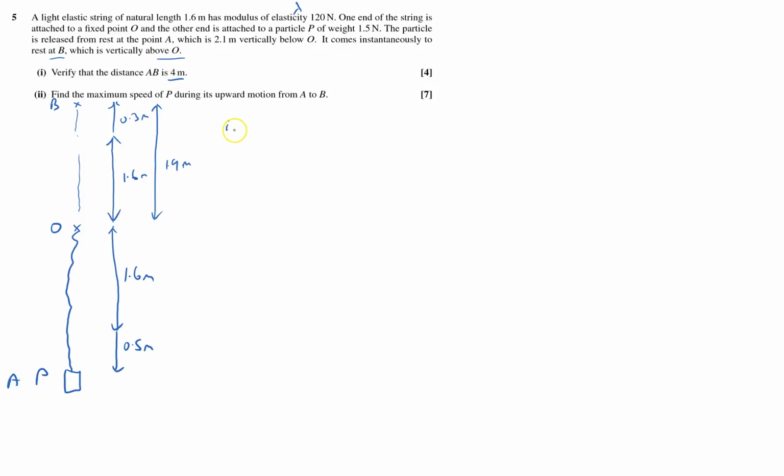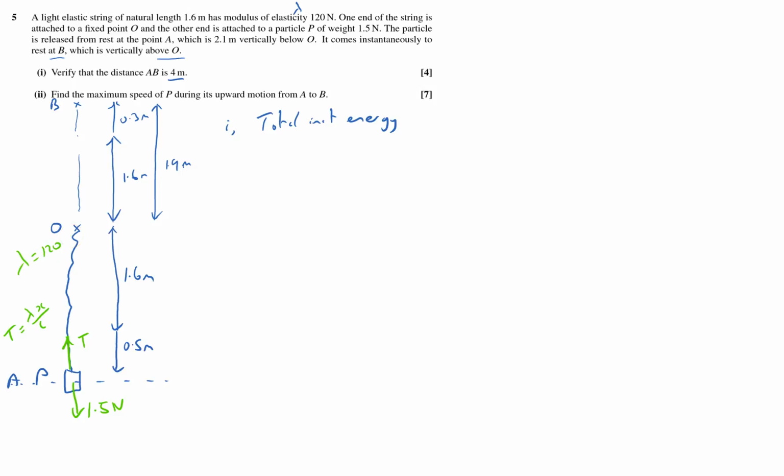So I use energy, and I'm going to do total initial energy, and I'm going to take this bit to be my baseline. And so I put my forces on here. Weight is mg, which is 1.5 newtons, and I've got tension going up here, and tension, as we know, is lambda x over L, and lambda, it says, is 120.